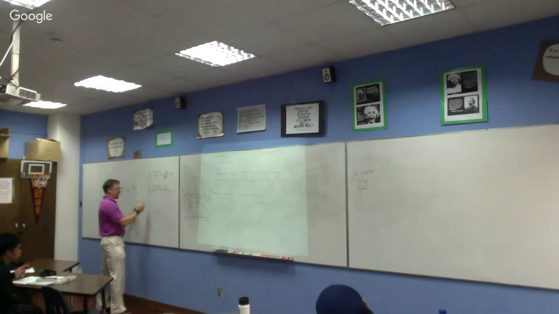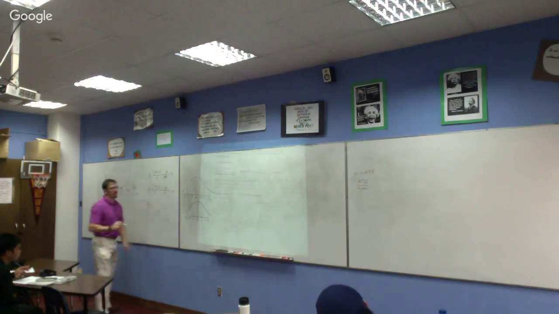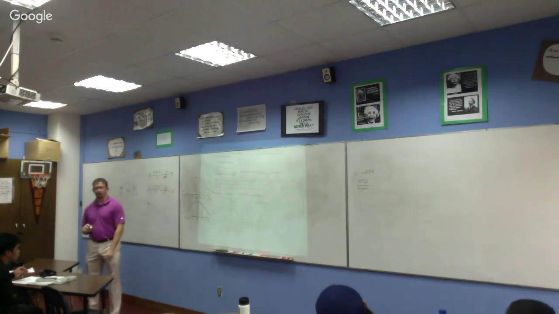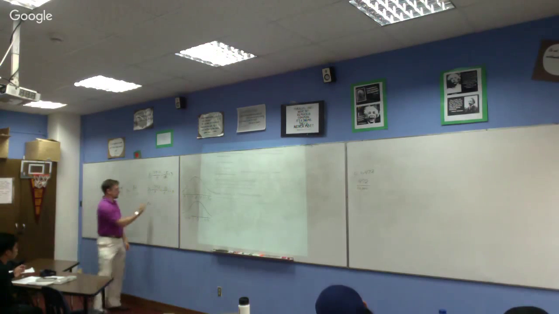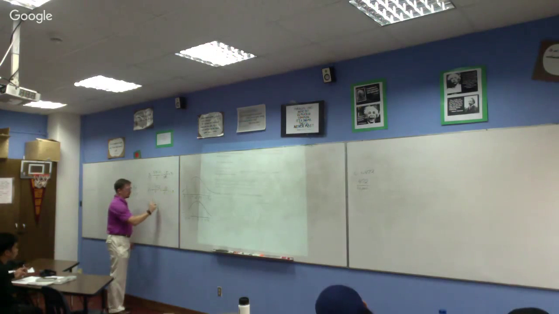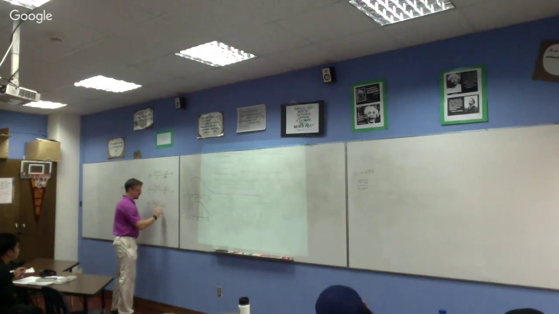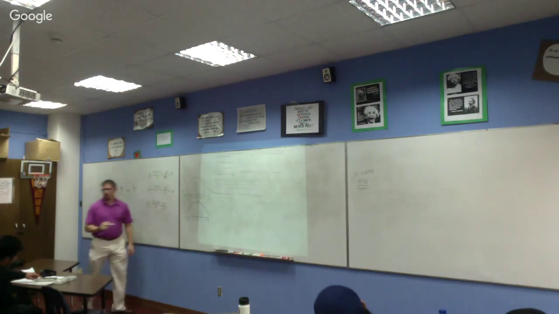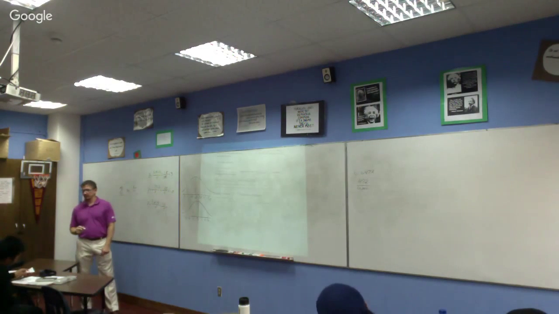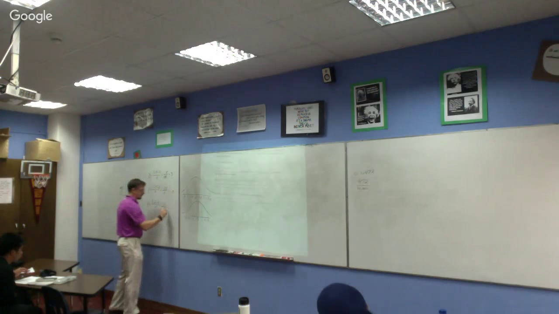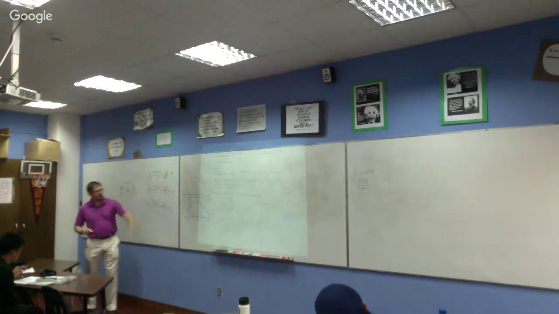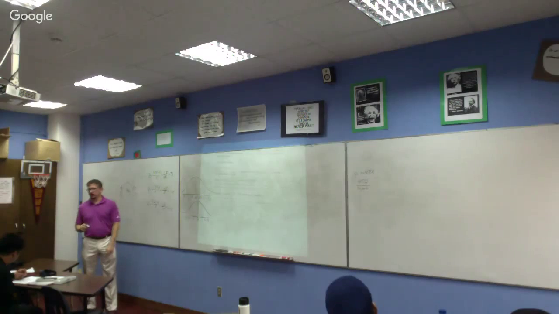So instead of my x, I need to calculate the z-score of 3.2. 3.2 minus 2 divided by 0.5. 3.2 minus 2 is 1.2. 1.2 divided by 0.5 is 2.4.